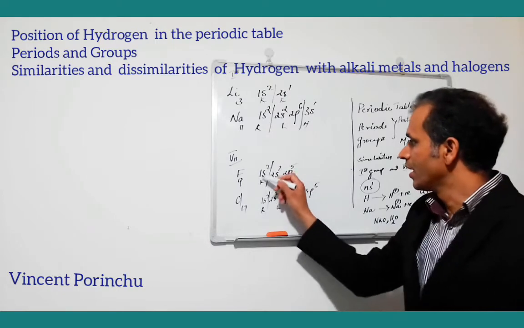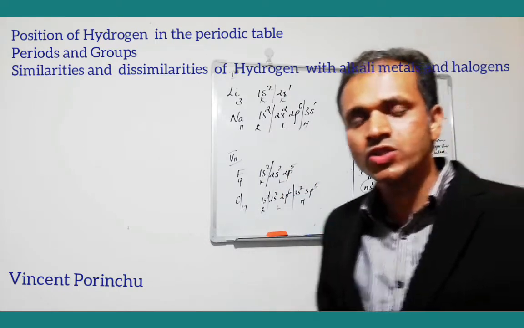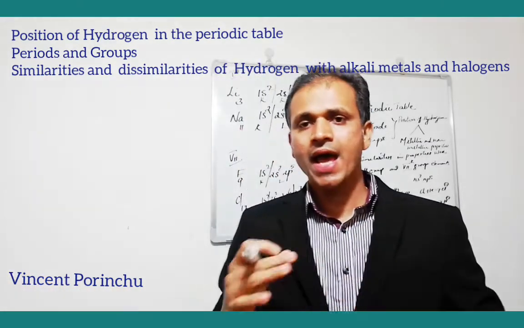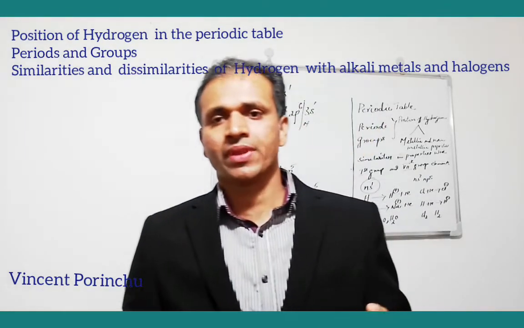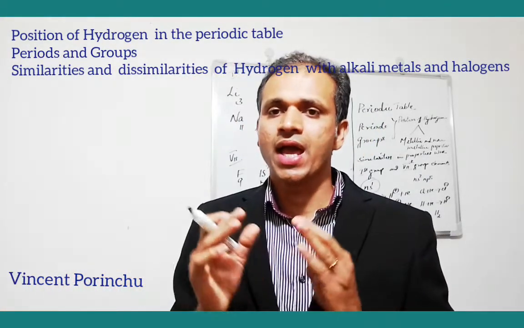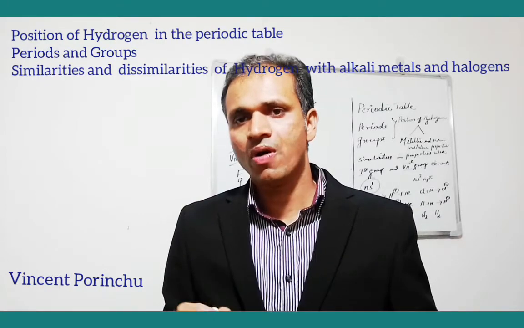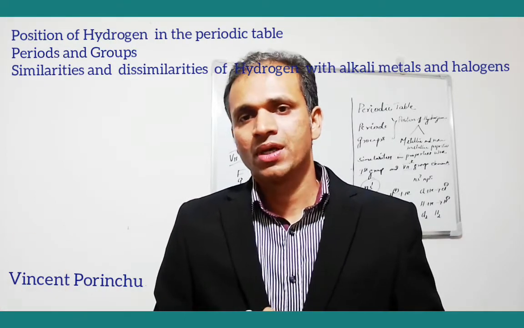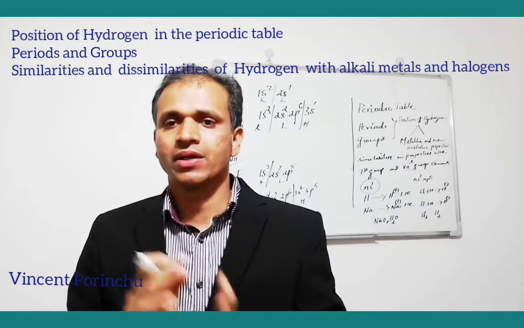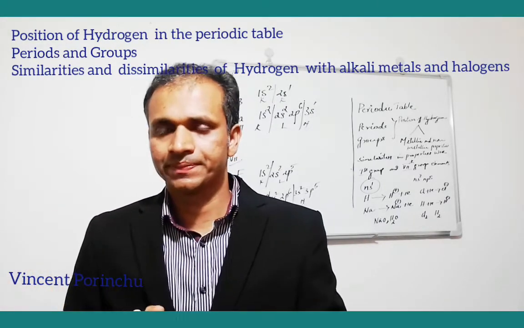Halogens are short of 1 electron to form their octet stability. So all the halogen atoms have a tendency to accept an electron and form a negative ion. That's why fluorine forms the fluoride ion and chlorine forms the chloride ion.